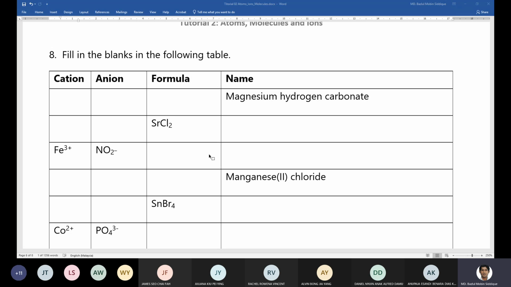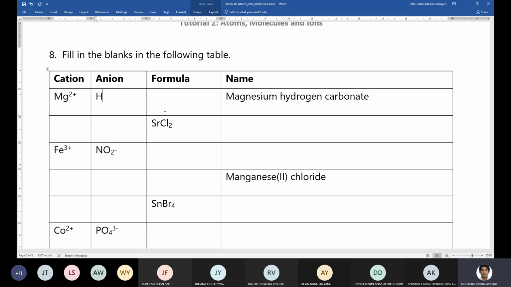We know that magnesium is there, and hydrogen and carbonate are also there. Magnesium will have a 2 positive charge, or you can write 2+ or +2; both ways work, but 2+ is better.